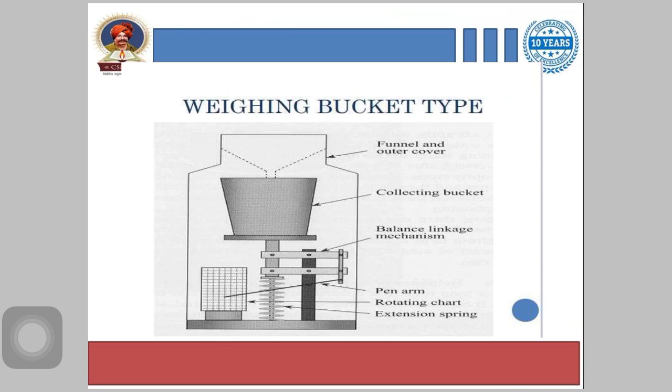This pen arm traces the collected amount of rainfall on a graduated graph, which is wrapped around a clock driven revolving drum, as shown in the figure. Thus the increasing weight of the bucket helps in recording the rainfall with time by moving a pen on a revolving drum.